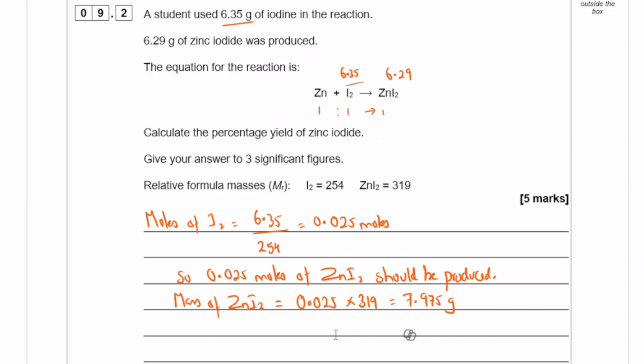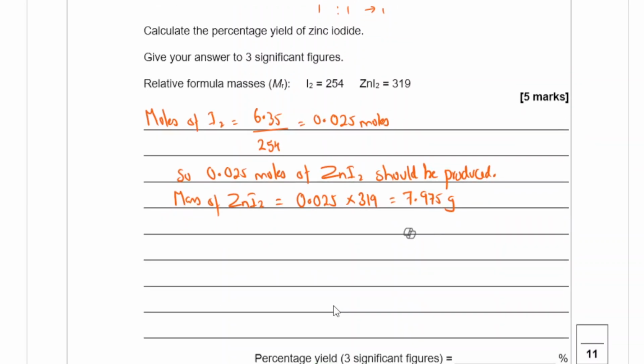But we only made 6.29 grams. So the percentage yield is 6.29 divided by the theoretical value 7.975, multiplied by 100, which will give me 78.871%.